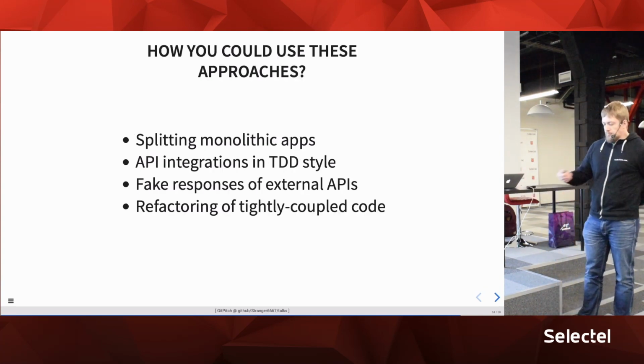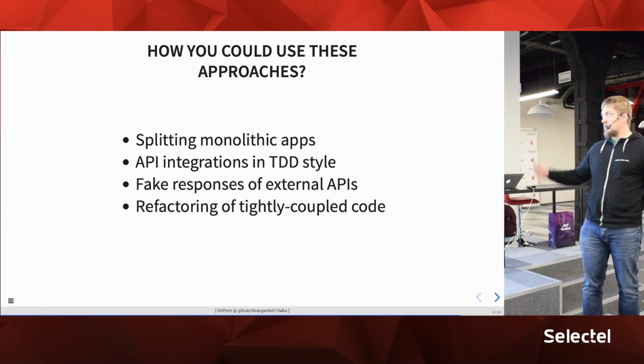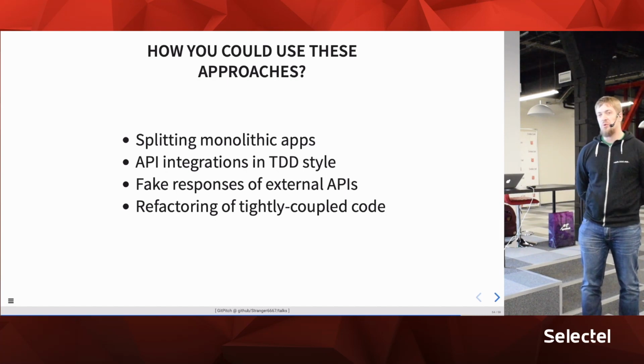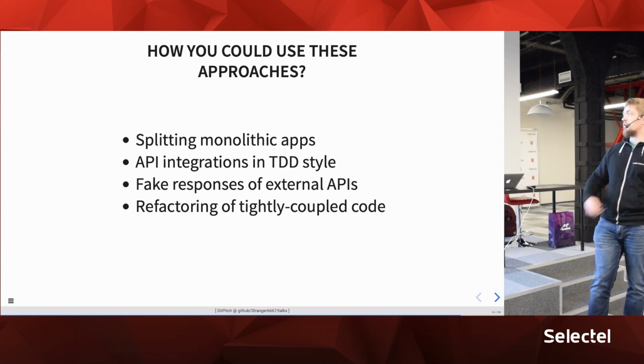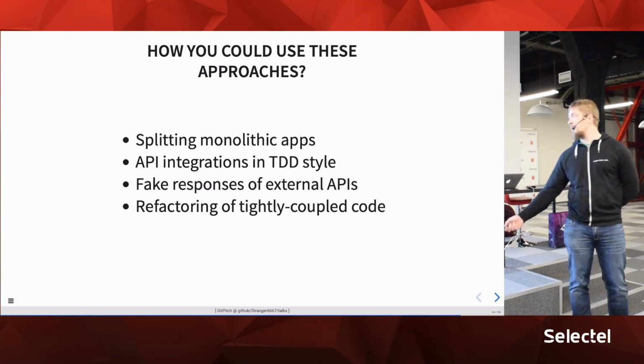So these approaches could be used in various situations, like splitting a monolithic application, or you could use it for TDD style API integration. You could fake responses of external APIs, and you could refactor some tightly coupled code.